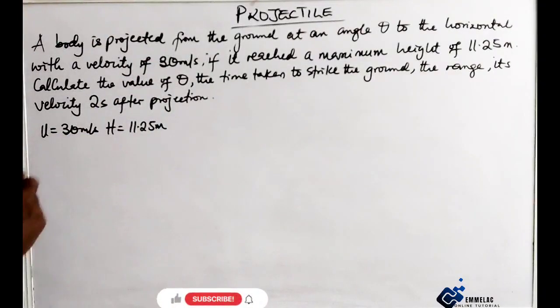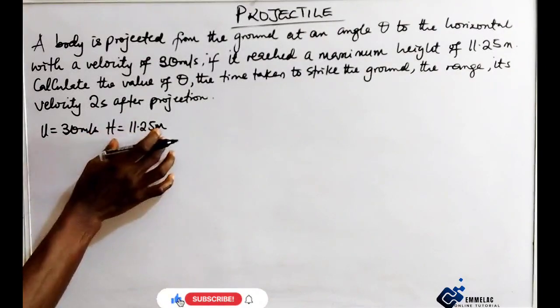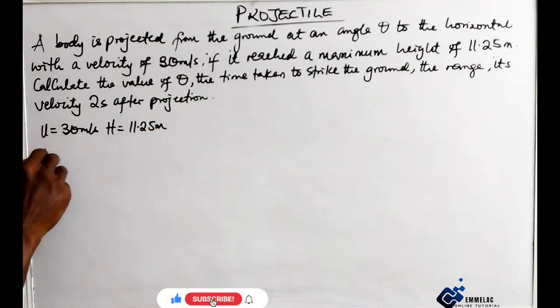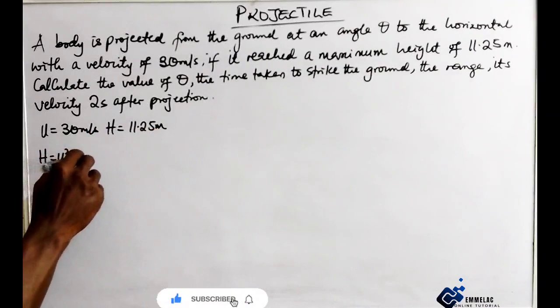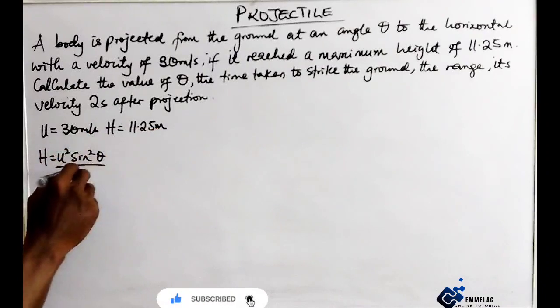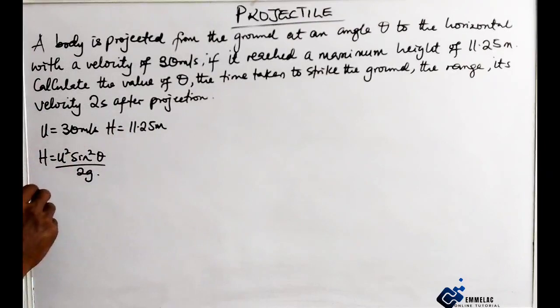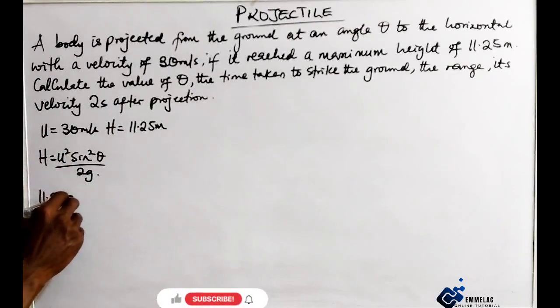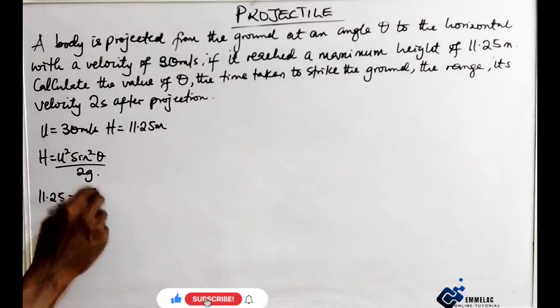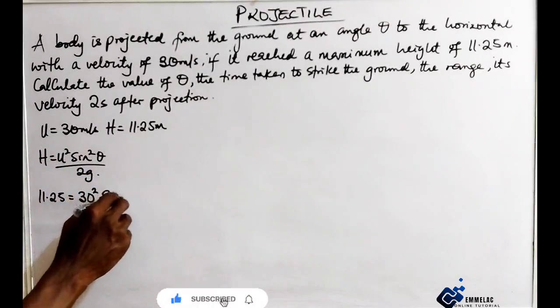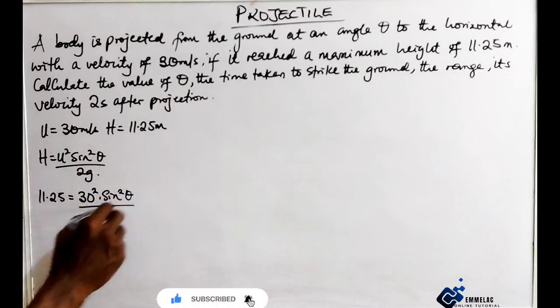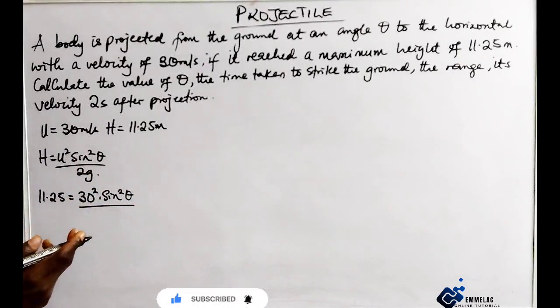Since we are given the maximum height here, let us make use of this formula. Plugging in the parameters, we have 11.25 equals 30 raised to the power 2 times sine square theta all over g.